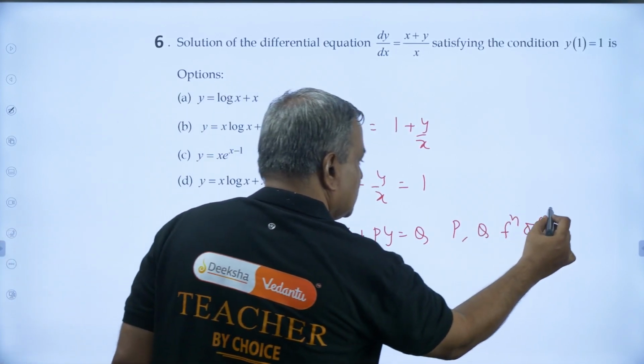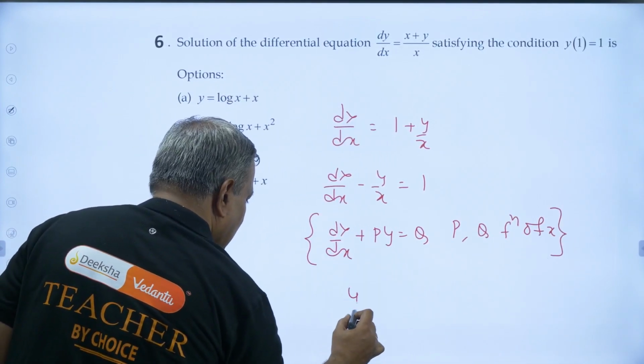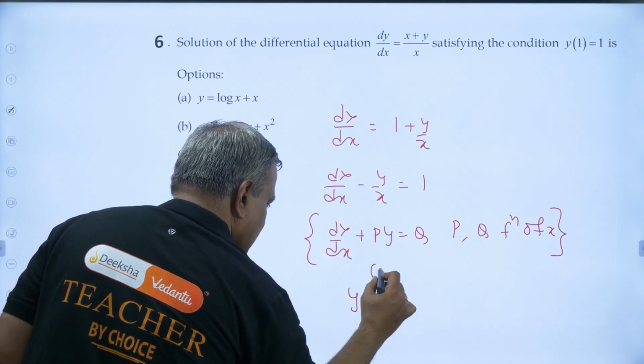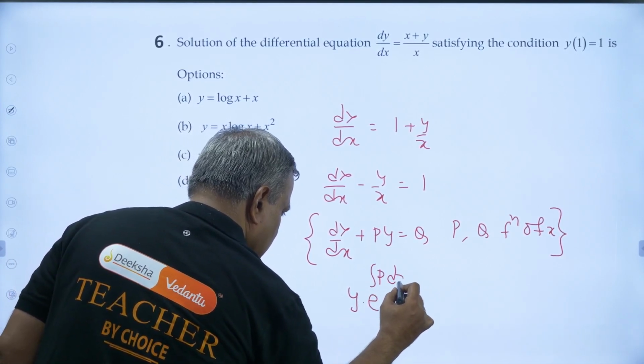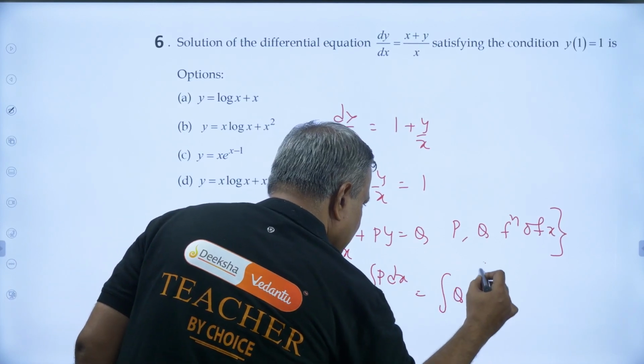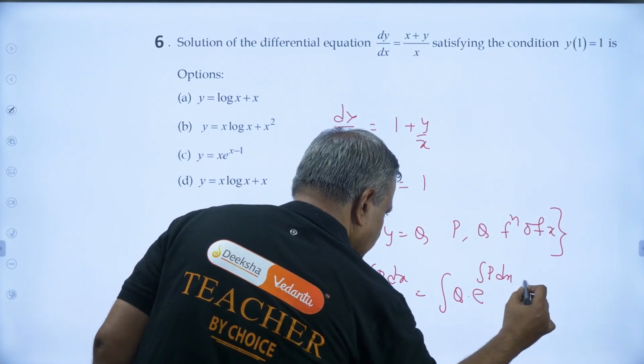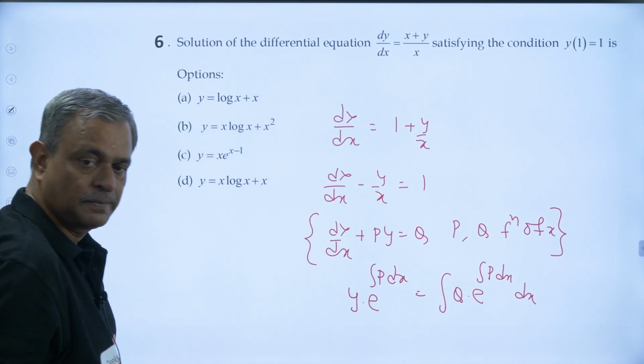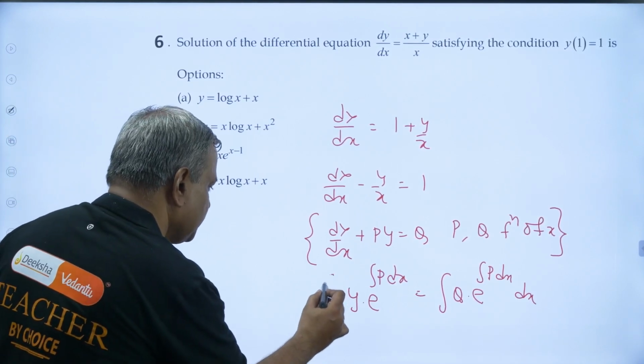This is the concept. What is the solution? y into integrating factor is equal to the integral of q into integrating factor dx, where the integrating factor is e to the power integral of p dx. Correct? This is the concept.